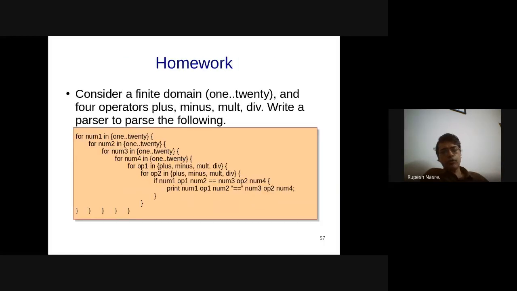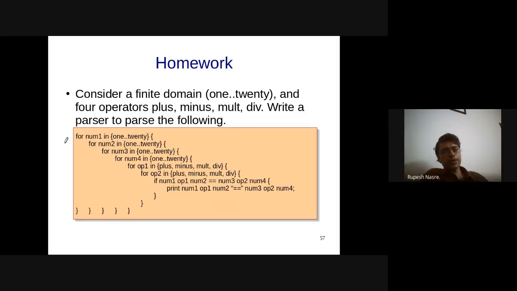One small homework which you could do: assume that there is a domain of 20 numbers, 1 to 20, and these are not digits, these are strings, like ONE, TWO, and so on. And then there are 4 operators: plus, minus, mult and div. What I want you to write is a grammar that performs the parsing of a language which involves a loop.